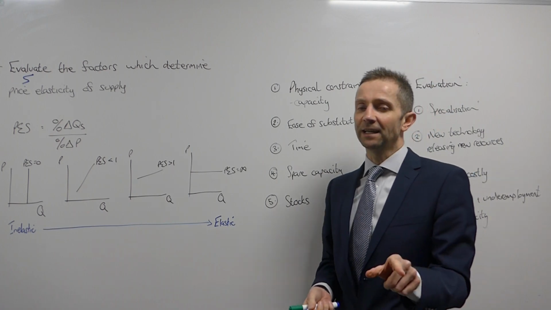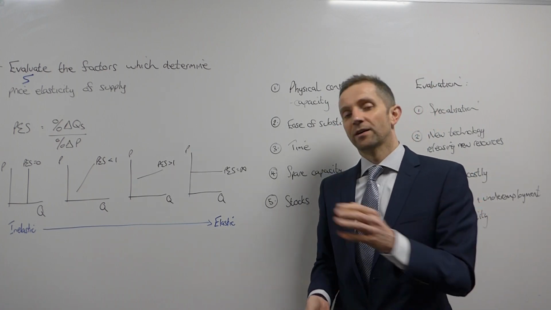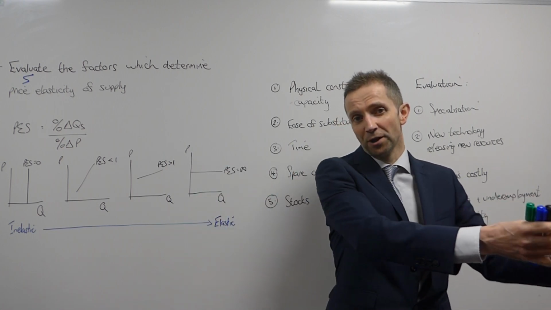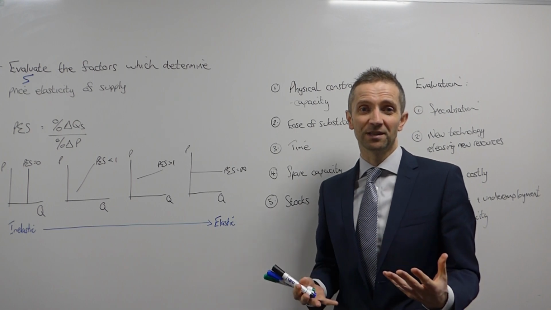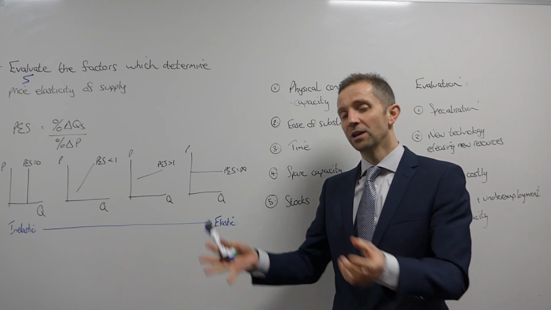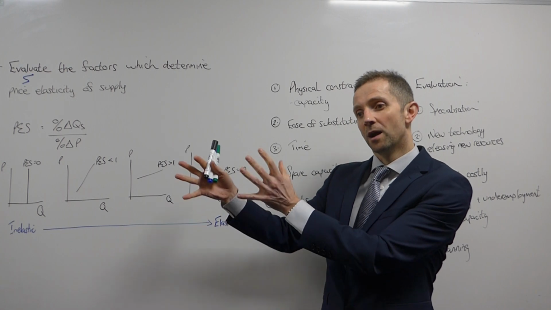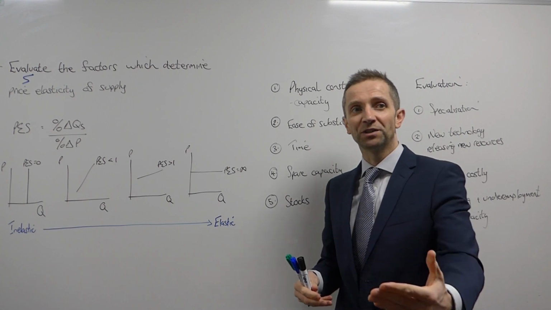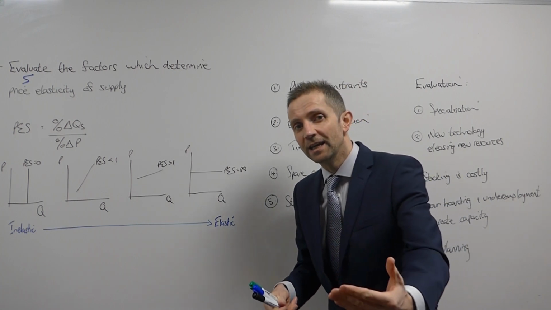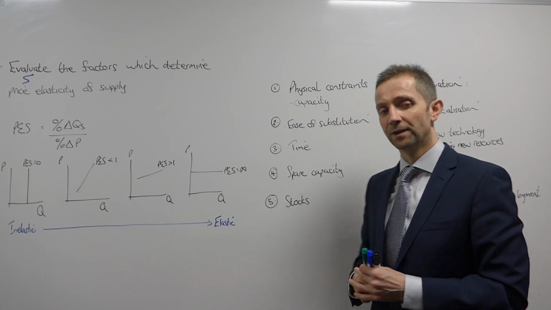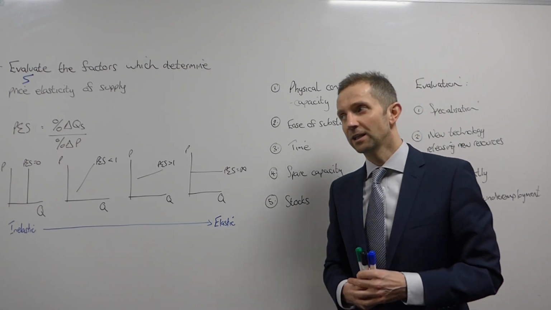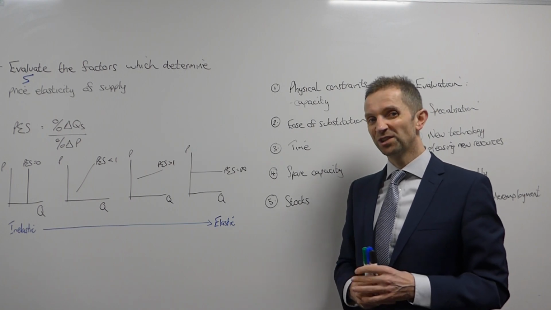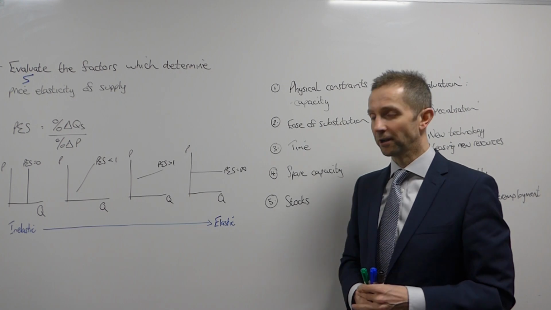If it's easy to substitute factors of production from the production of one good or service into another one, then if there's suddenly an increase in the demand for a particular product, you can move resource from one production line into another, thereby increasing your supply and enabling supply to respond more quickly to changes in demand.